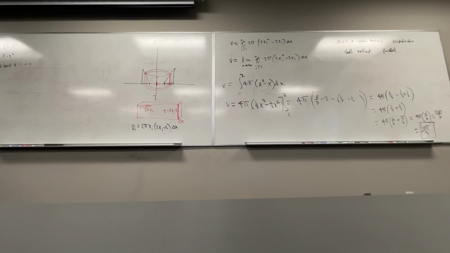Okay, so take a second and draw the graph, draw the picture of what the rotation is gonna be like. Let's use the shell method. Let's go parallel to the axis of rotation.